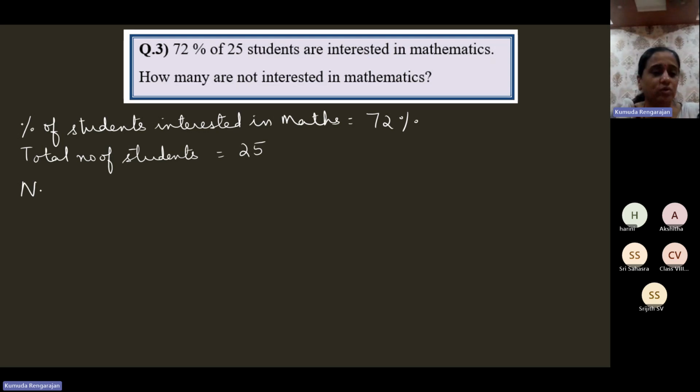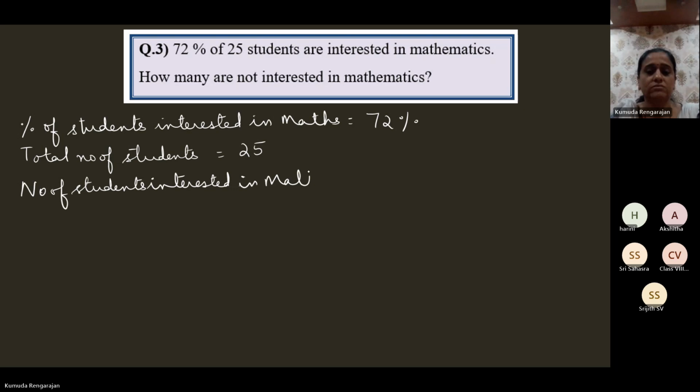Number of students interested in maths is equal to 72% of 25 students. That's given. 72% of 25 are interested in maths.